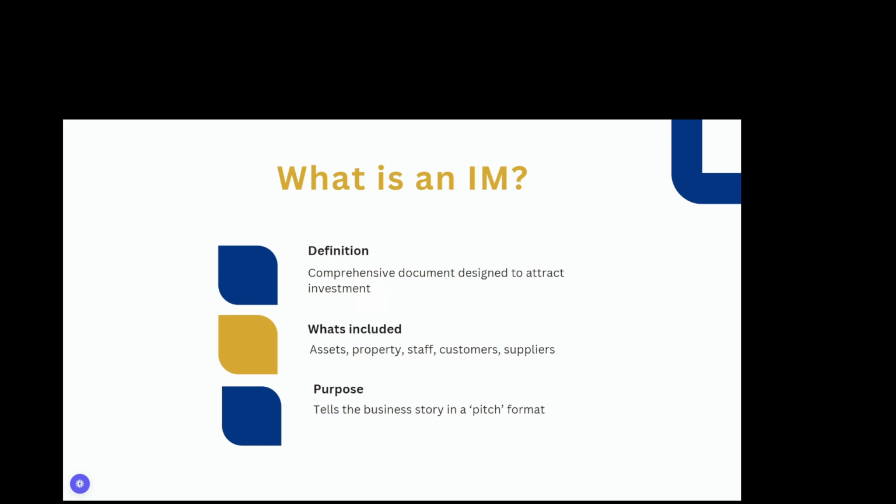And when a buyer sees that and says, do you know what, that's within my geographical range and my financial range, send me over more details, the buyer will sign an NDA, which means they can't disclose any information that they read in the IM to the rest of the market, which protects the seller from information being shared that they don't necessarily want to be shared.